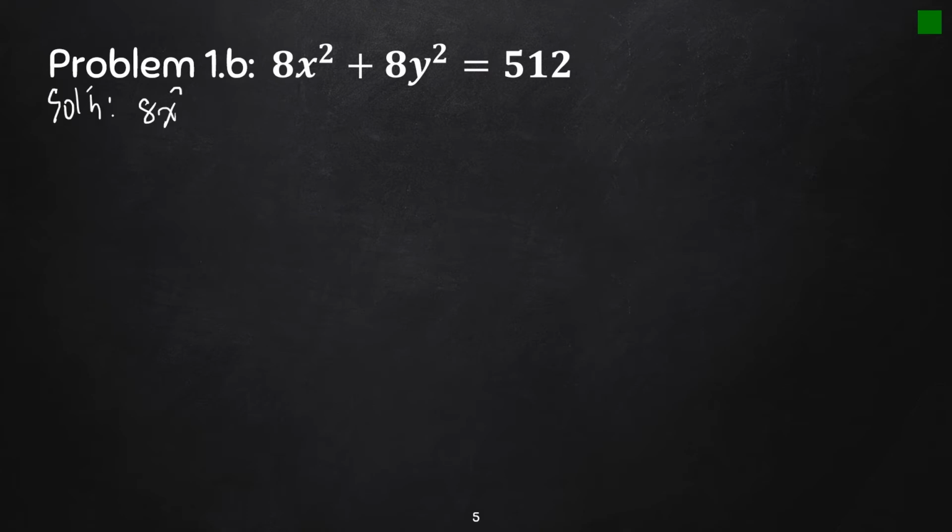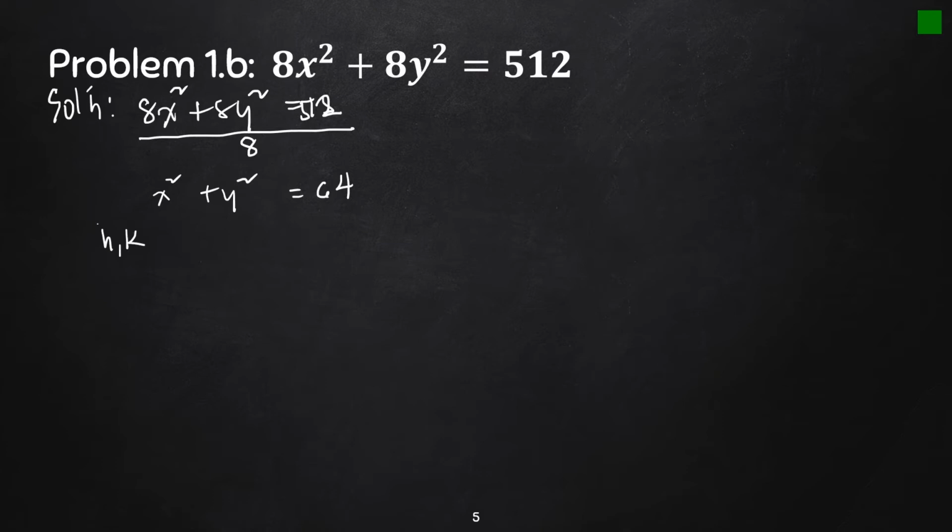Since we have 8x squared plus 8y squared equal to 512, we need to divide both sides of the equation by 8, so we only have x squared plus y squared at the left, and that's equal to 512 divided by 8, which is 64. Obviously by this form our h and k is 0, 0.